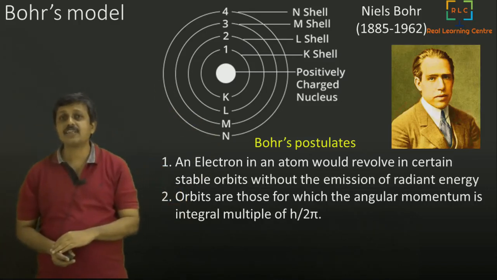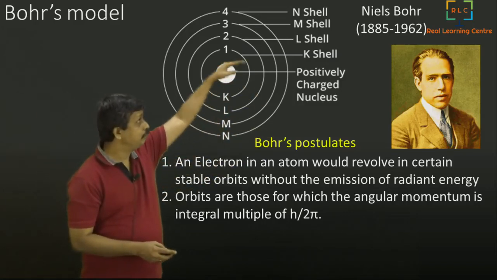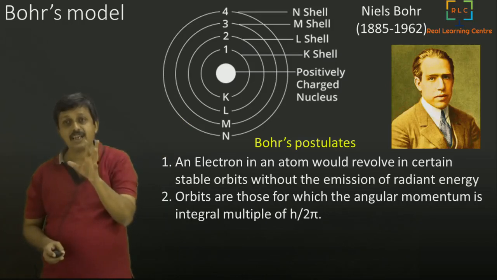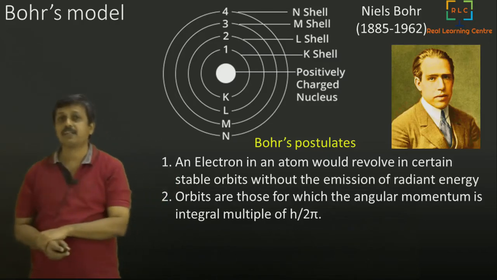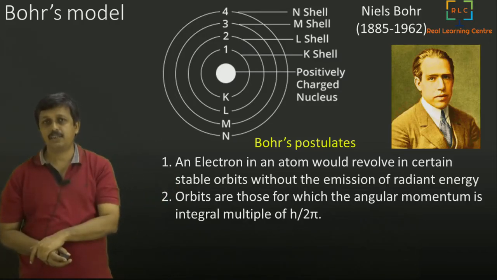In other cases, there is no orbit in the middle of these circles, because in that area, if you calculate angular momentum, it won't be an integral multiple of h by 2 pi. So it is only when there is an integral multiple of h by 2 pi that you will have a stable orbit.